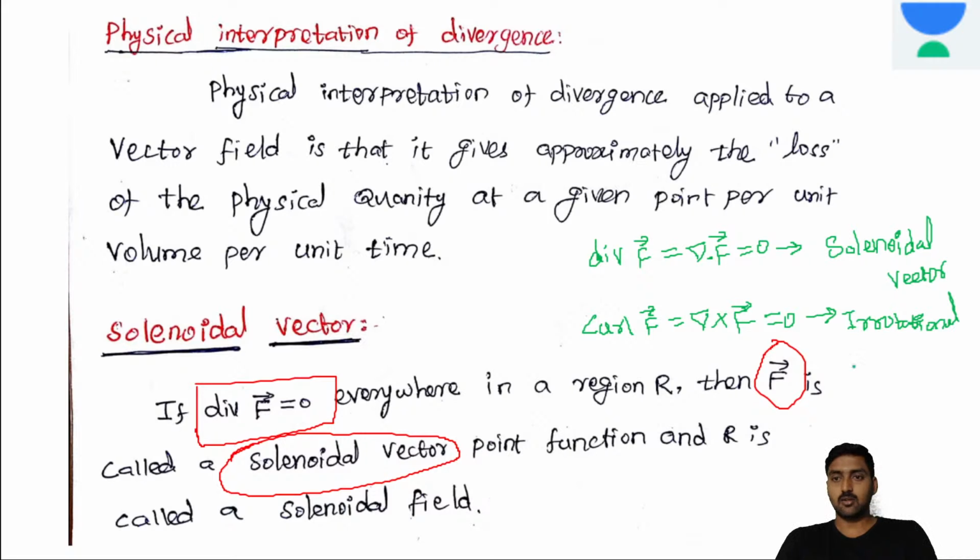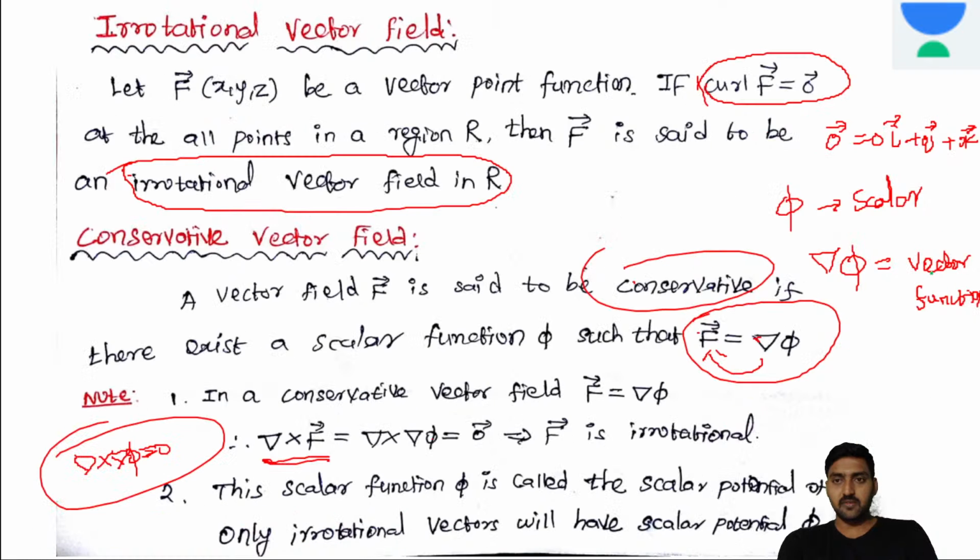It's called an irrotational vector. Is it okay now? Okay, fine. Now, based on these two conditions, we are going to discuss a few previous questions.